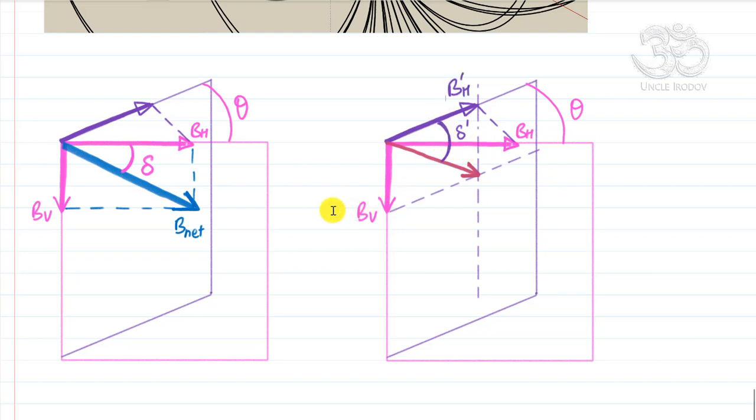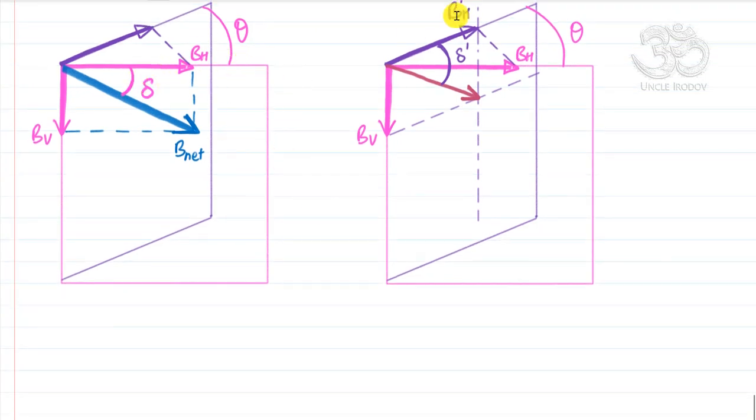Right, so now I can write expressions for delta and delta prime, and from the expressions you will see that tan delta is going to be BV divided by BH, isn't it?